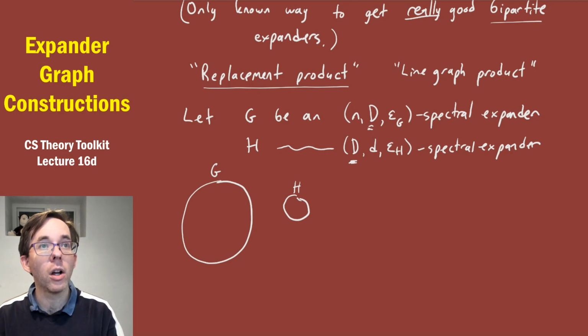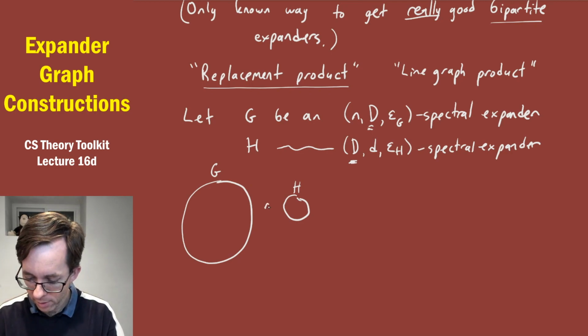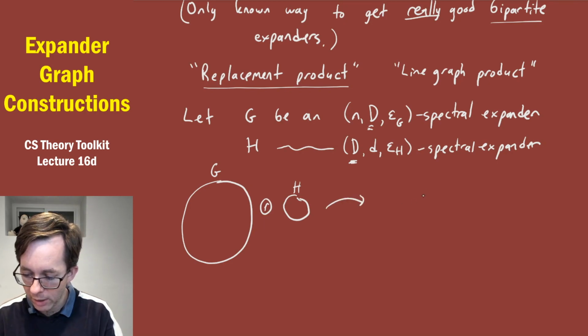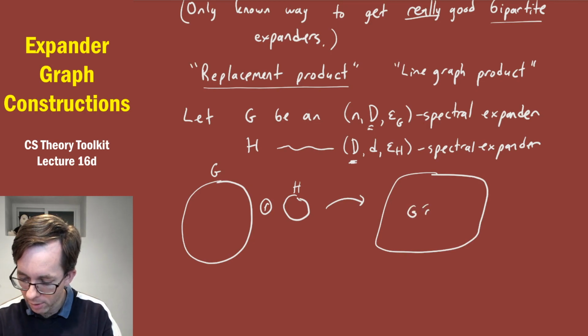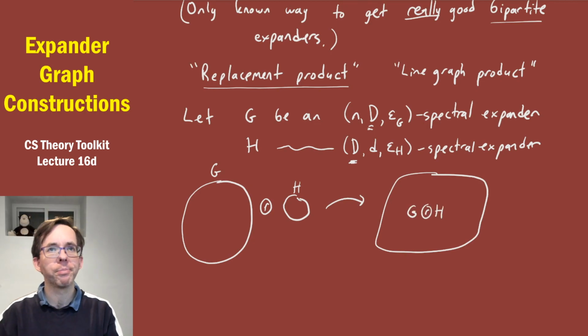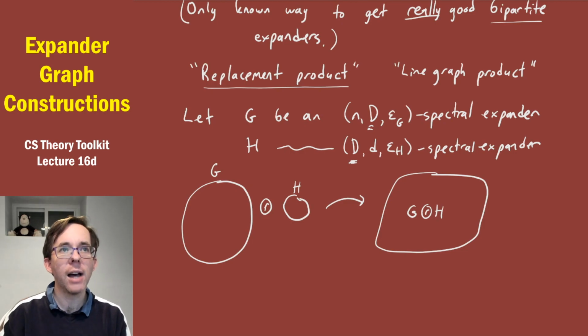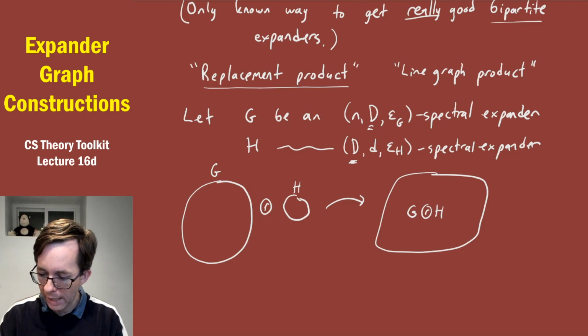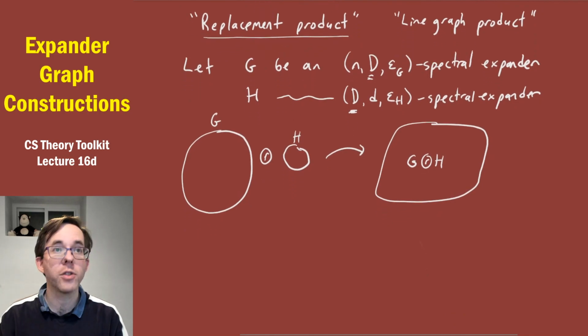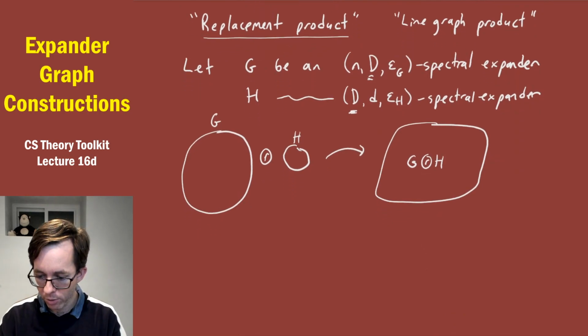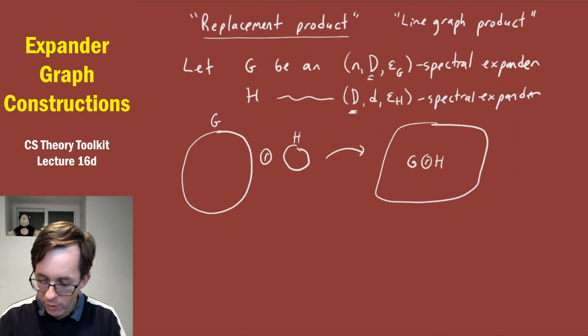And there's this thing called the replacement product. It's like an R in a circle that takes G and H and makes a new, even bigger graph. This is G replacement product H, and it's going to have some nice properties. Let me tell you how it works.